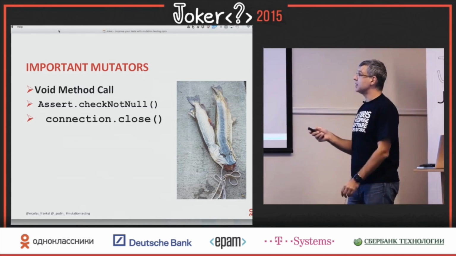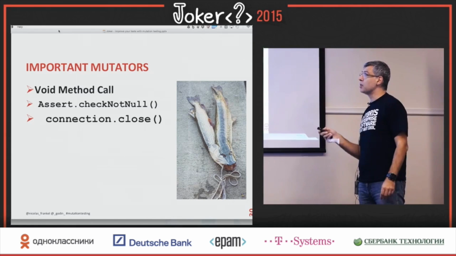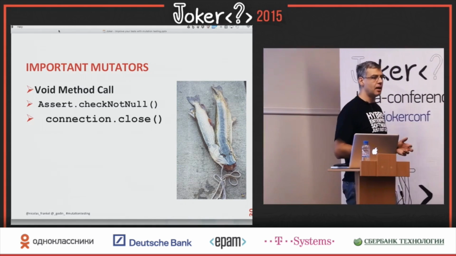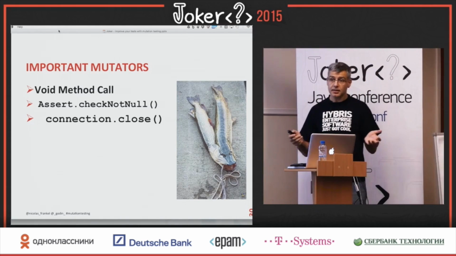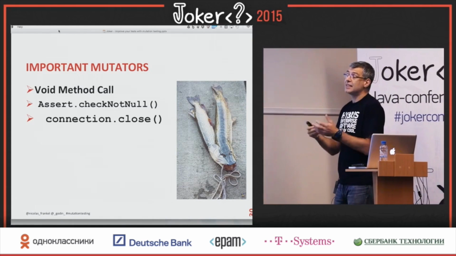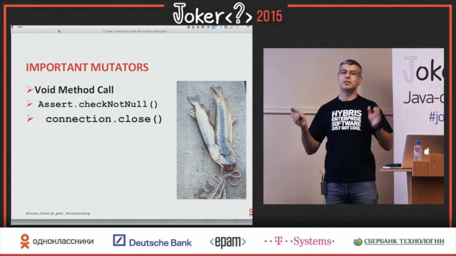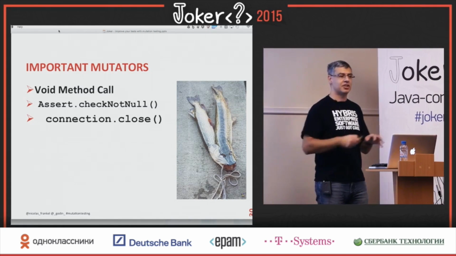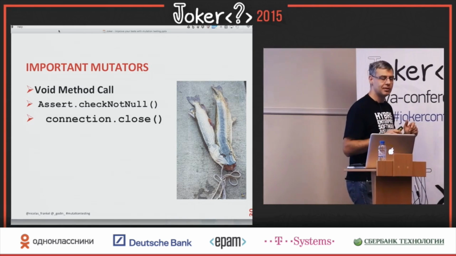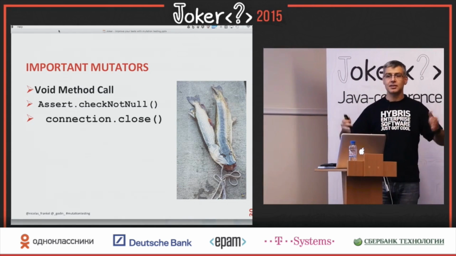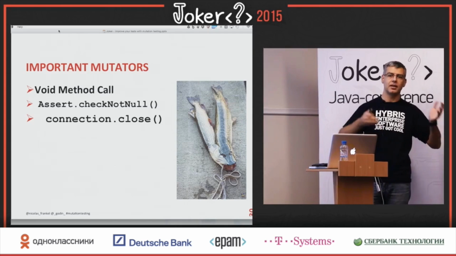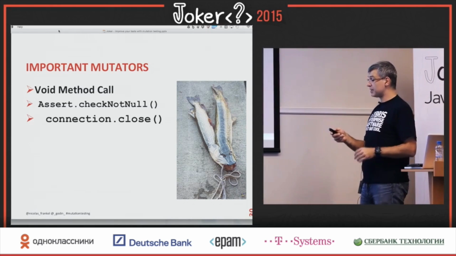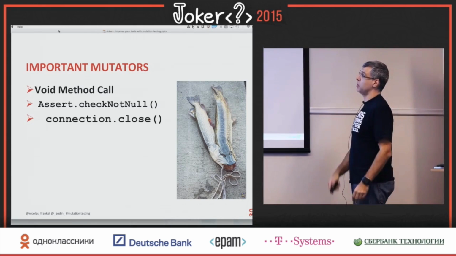Everybody knows that there is an assert that this parameter is not null, and it's not tested, and then someone has a need to pass a null parameter for whatever reason. And it changes it in the production code, and then executes the test. Still, everything is green, push to production, big issue. So those are the most important mutators in my opinion.